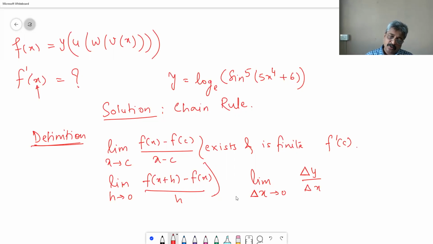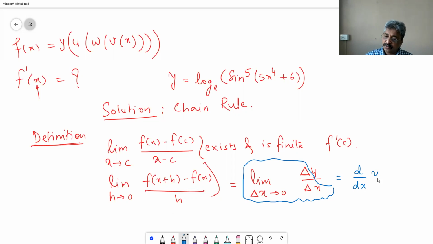So this is our derivative, and instead of writing this big expression every time, we write it as d by dx of y, or dy by dx. We mean limit of delta y upon delta x as delta x tends to 0. That is the meaning of this.